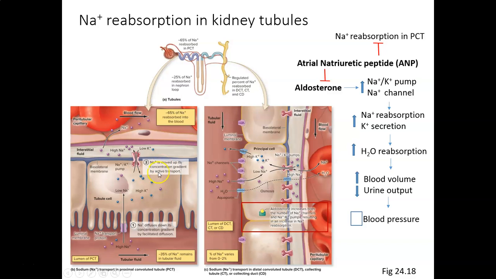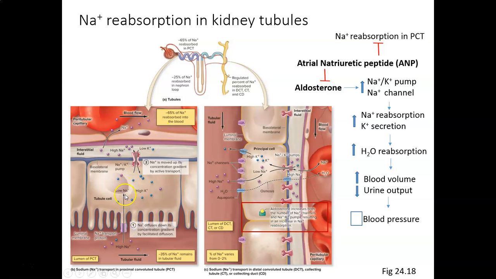And how does the sodium first get reabsorbed non-selectively? It's basically diffusing, because in the PCT, initially you have the tubular fluid on one side and the blood flow on the other side. So it diffuses.